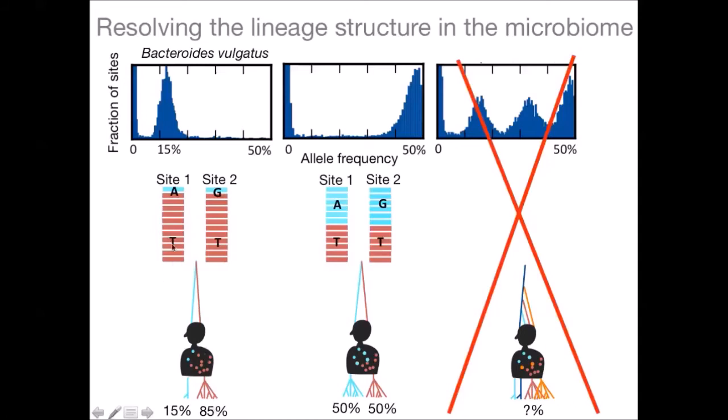If we take a look at 2 sites, we have a pileup of reads, and the majority will come from the red strain, and the minority will come from the blue strain. And so we can assign the majority allele to the majority strain, and in that manner, we can quasi-phase, or in some sense, phase with high confidence the majority of the alleles on the background of this lineage.